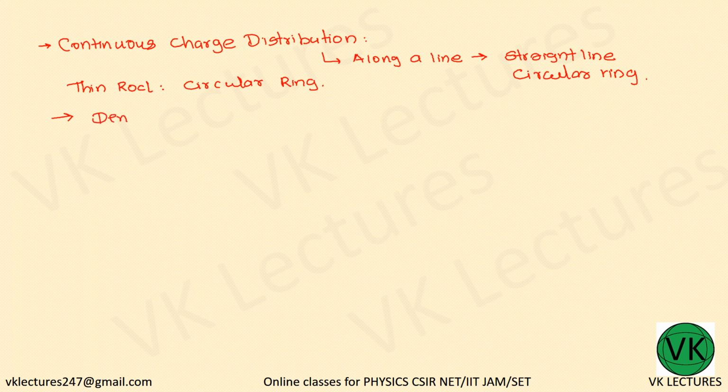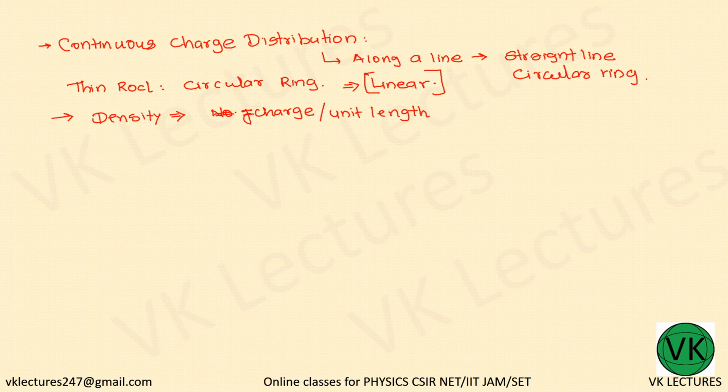This density is nothing but the amount of charge per unit length in the case of linear charge. Thin rod and circular ring are examples of linear charge distribution. So density is charge per unit length.